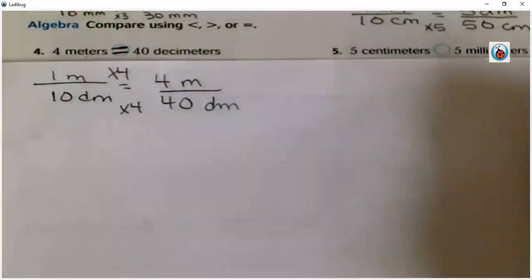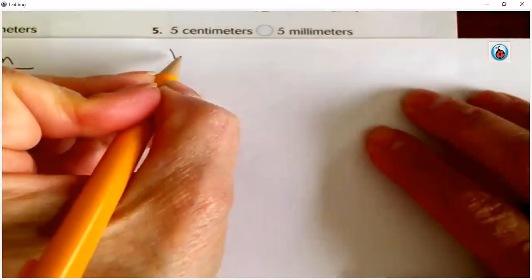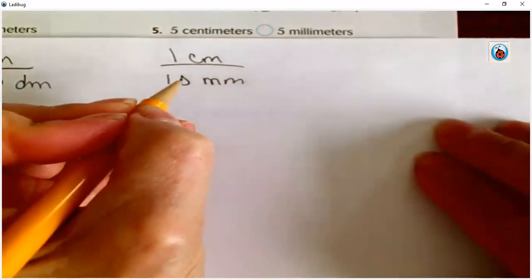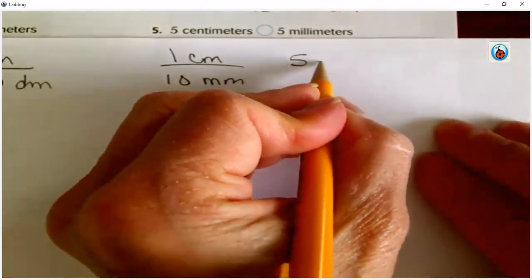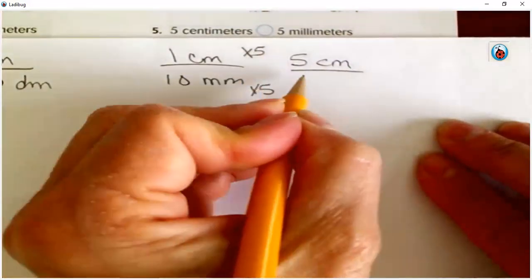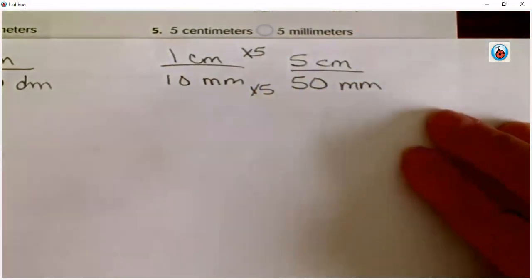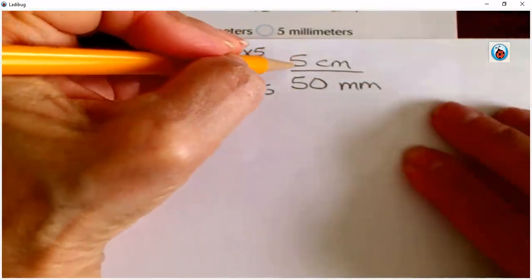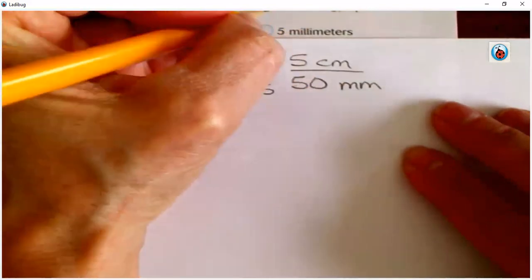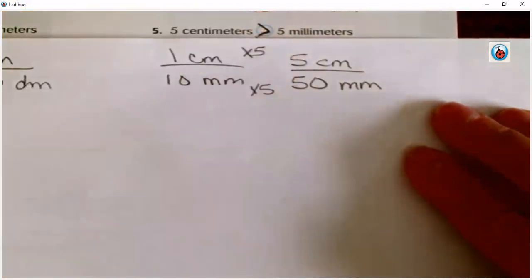How about this one here? 5 centimeters? Well, in 1 centimeter, there are 10 millimeters. So in 5 centimeters, times 5, times 5, there should be 50 millimeters. So clearly 5 centimeters is much bigger than only 5 millimeters. I would put my greater than sign there.